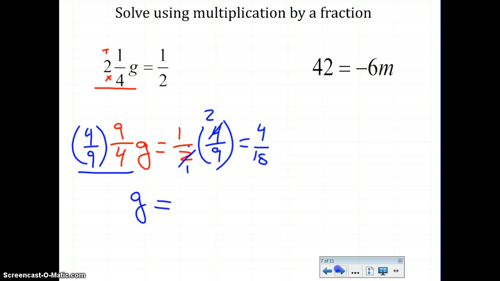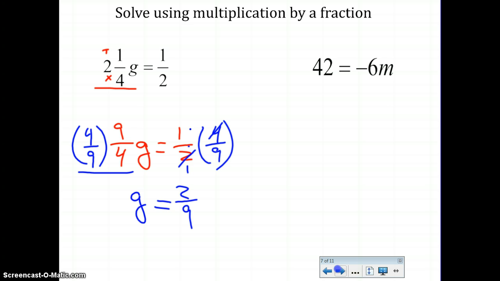At that point, I just go 1 times 2 is 2, 1 times 9 is 9, and I end up with g equals 2/9. If I had gone to the 4/18, I can simplify 4/18 to 2/9.